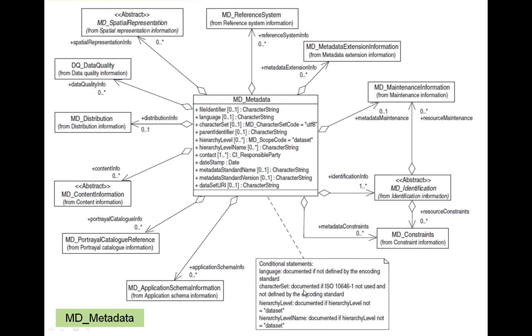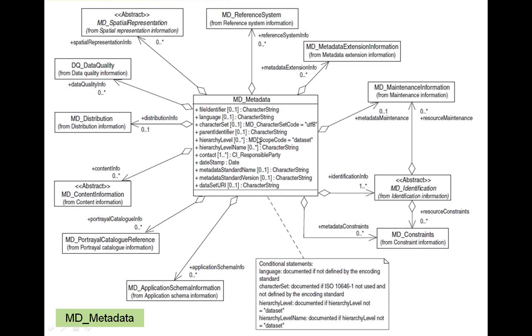Character set is also optional, but it's documented if ISO 10646-1 is not used and defined by the encoding standard. It's by default UTF-8, but if it's not understood to be that, then it's mandatory. Hierarchy level is optional and repeatable, but by default it's data set.